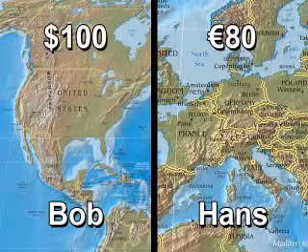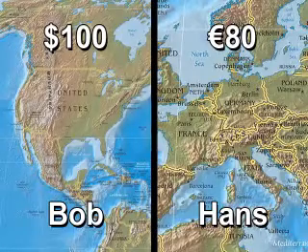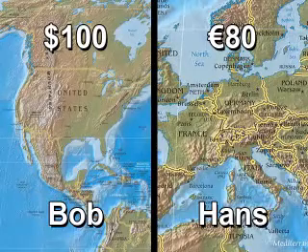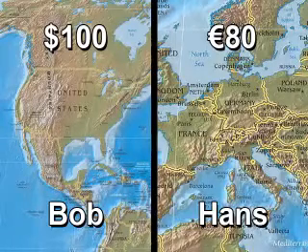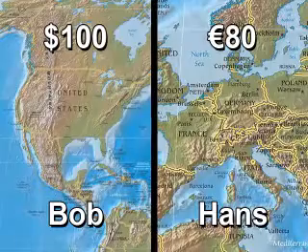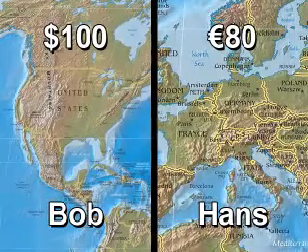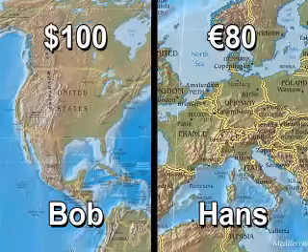Now we have a disparity. Bob wants to spend more on euros than Hans wants to spend on dollars. Since now we have $100 chasing 80 euros, the exchange rate gets adjusted to balance it out. What's happened is that euros are now more in demand than dollars are. Why? Because now Hans doesn't want to have investment holdings in dollars.